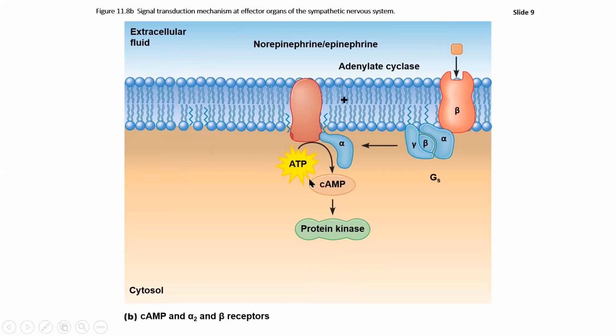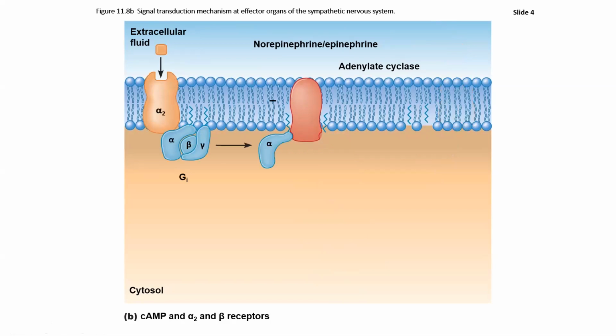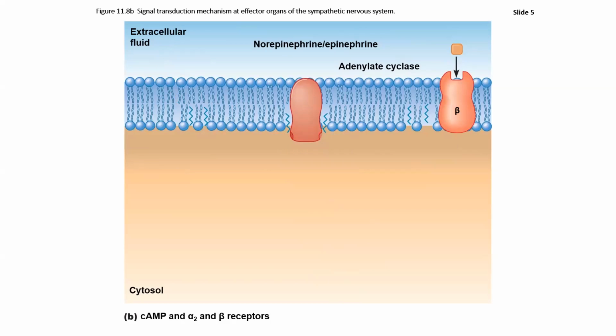All right, so let's jump back here and discuss what happens on beta receptors. So when norepinephrine or epinephrine binds to a beta receptor, now this is describing what happens to any beta receptor. This can be beta 1, beta 2, or beta 3. The response is going to be the same in terms of the second messenger, in terms of the sequence of cellular events. So norepinephrine binds to this beta receptor. This is also coupled to a G protein, but this is also a G stimulatory protein.